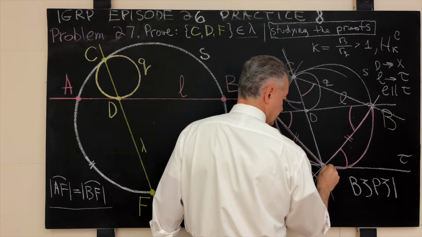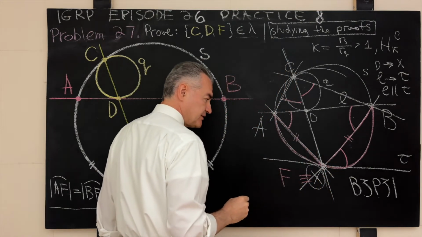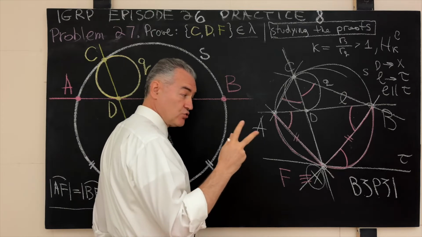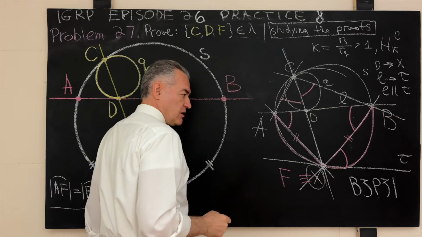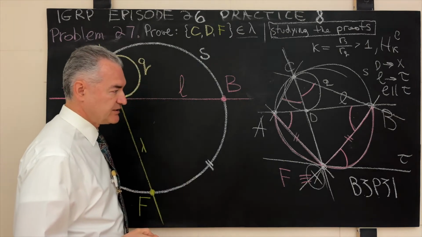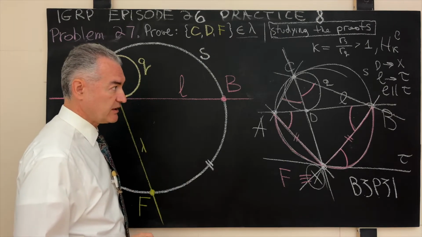It doesn't really matter. So the point X will be fixed. That's number one. Number two, evidently it will be on the circle S. And number three, it will be sitting in the dead middle of this arc.